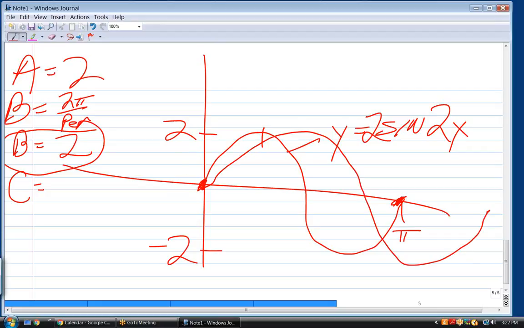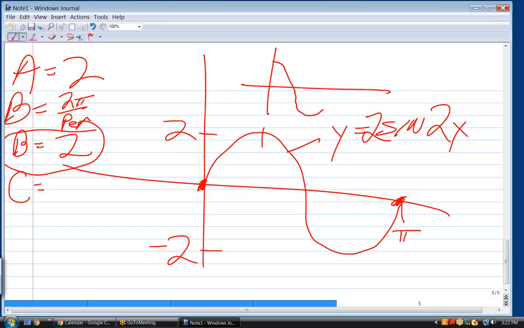It's very important to understand where these curves start. Sine starts at 0 and goes up to its maximum immediately. Cosine starts at its maximum, goes down to 0, and then goes down to its minimum. So this is cosine.